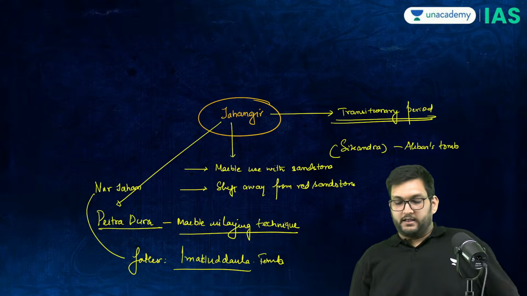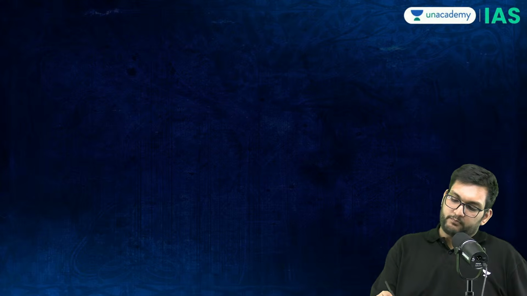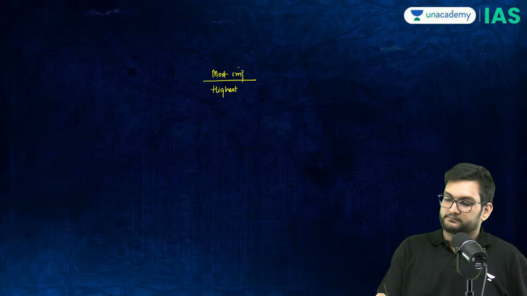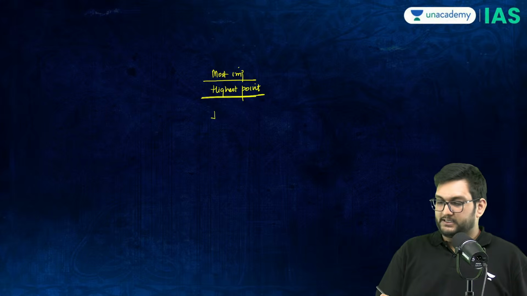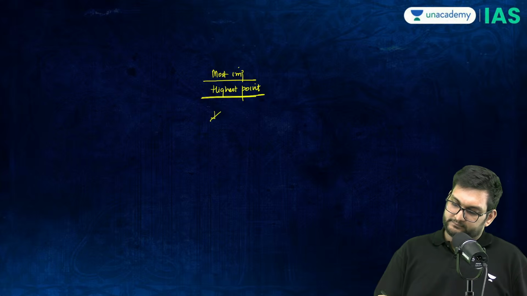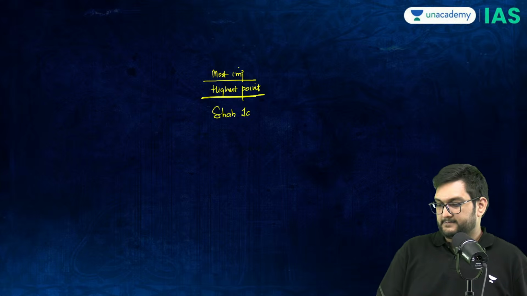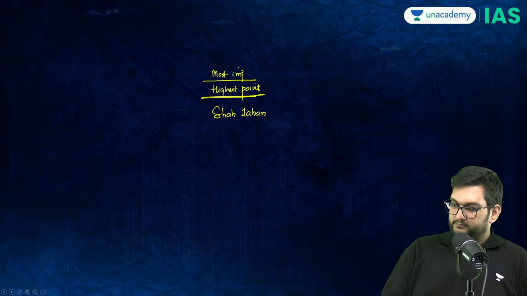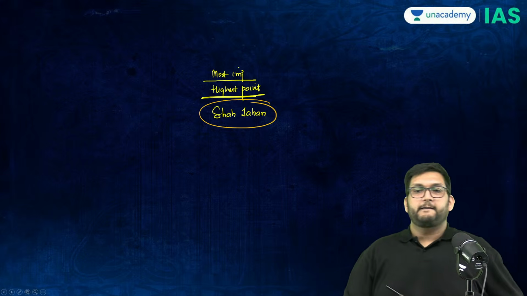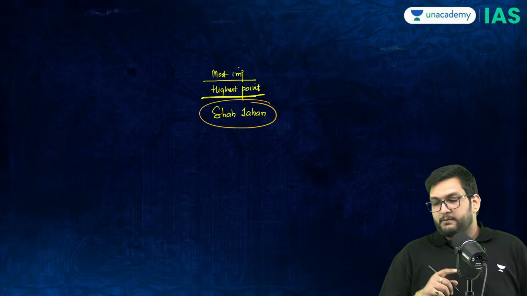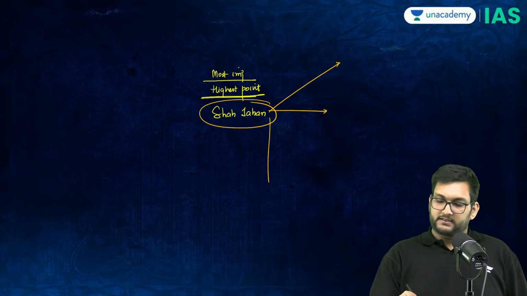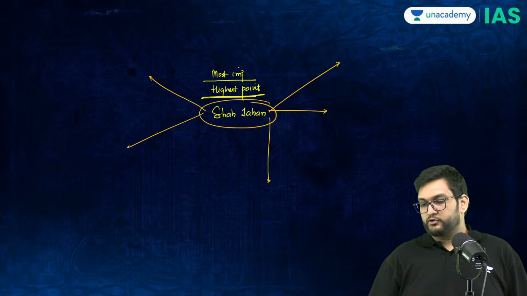Now, the most important, the highest point, obviously, was Shah Jahan, the overspender called Shah Jahan. Now, when we talk about Shah Jahan, he has certain important contributions to architecture.